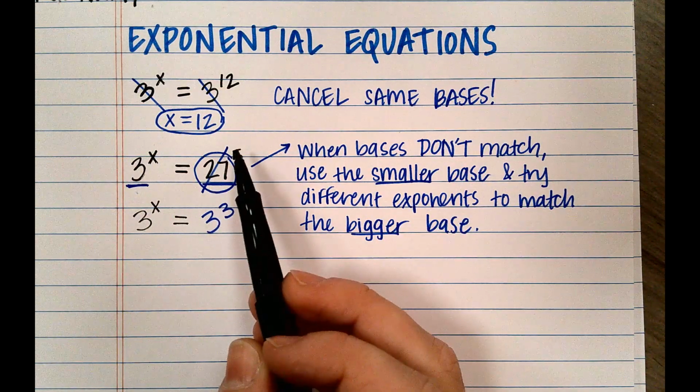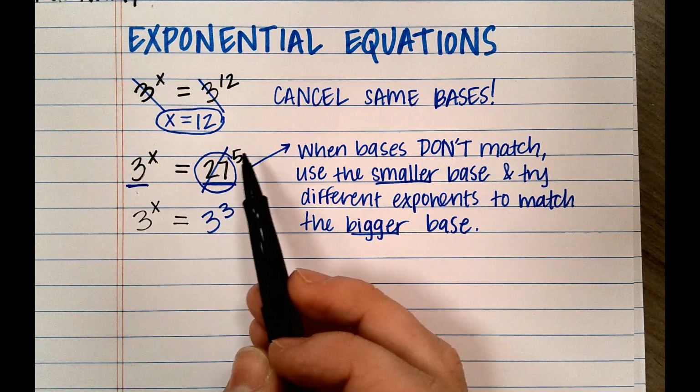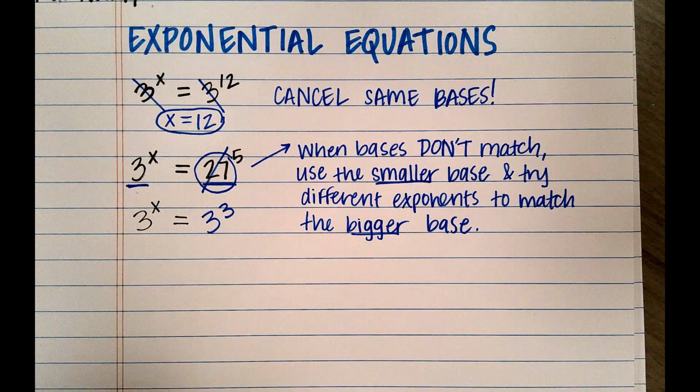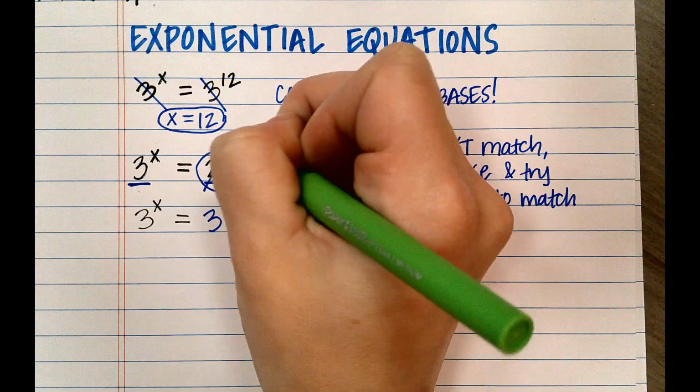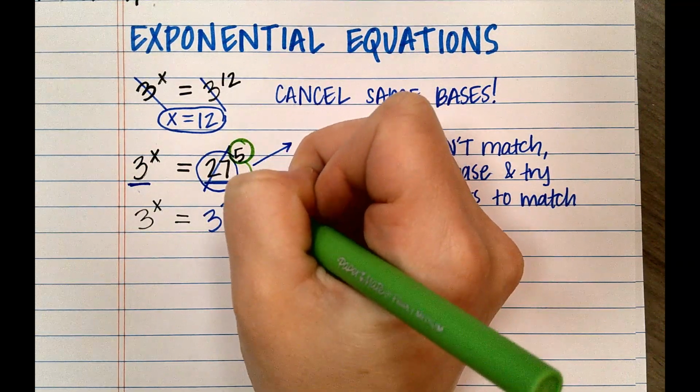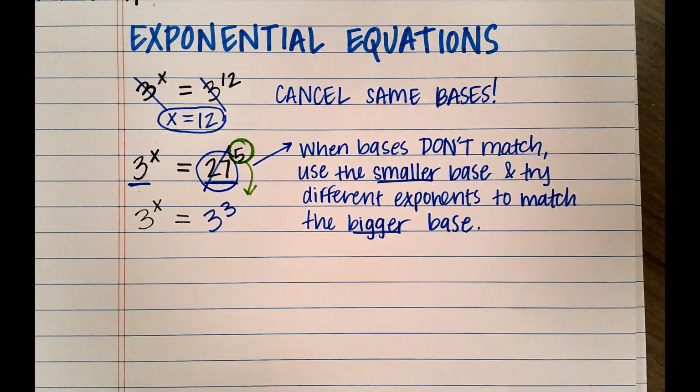Because 3 to the third power is 27, it's not 27 to the 5th power. That's a bigger number. So we still have to bring this 5 down. So I'm going to highlight that by using a different color. Don't forget to bring down your other exponents. And where would that 5 go?